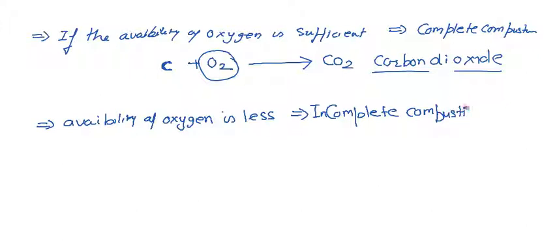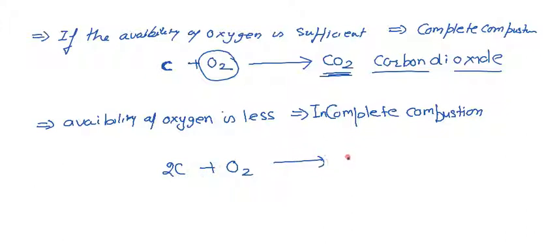For example, if you perform this same reaction and I increase the fuel value but the oxygen value is the same, meaning the concentration of the fuel increases but the availability of oxygen stays the same, then the product formed in complete combustion is not allowed to form here.